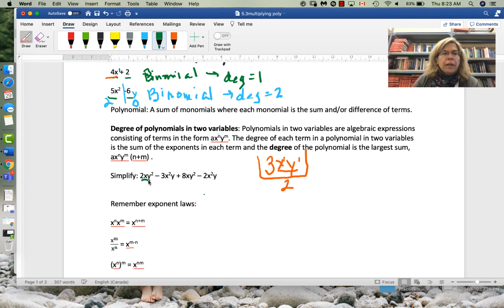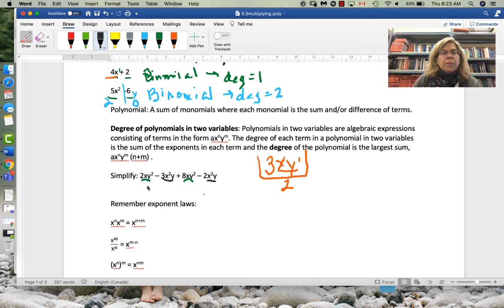Do we have any other terms that are xy squared? This is an x squared y, that doesn't count. Xy squared, so this is another term like that. And this is not. Now we have 3x squared y. That's a term. And minus 2x squared y, so that's also a term that matches that term.